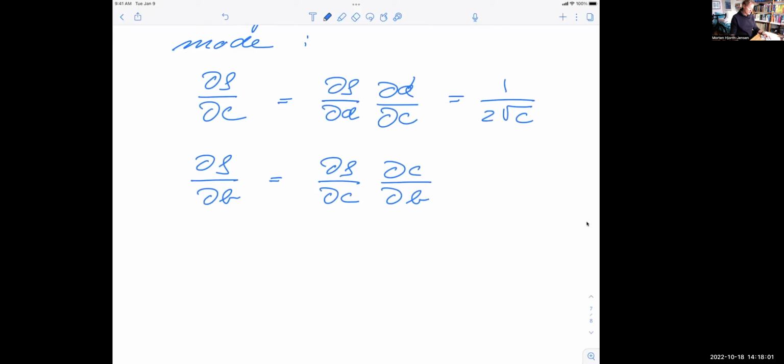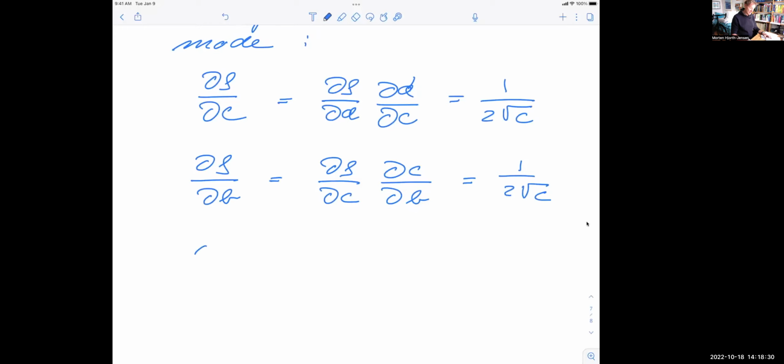If we do this now, we would have df/dc times dc/db, which we have calculated, which is actually equal to 1 over 2 times the square root of c, because dc/db is equal to 1. Since c is equal to a plus b, the derivative of c with respect to b is equal to 1. So now we see that df/db is equal to 1 over 2 times the square root of c.